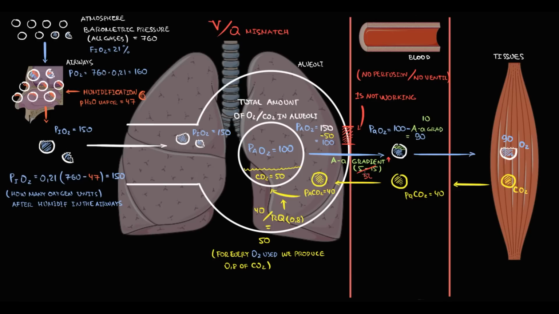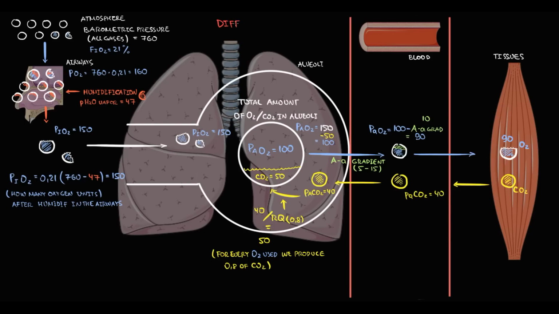Let's assume that AA gradient becomes 50. So the partial pressure of oxygen in the blood will be 50. And because tissues will receive not 90 but 50 units of oxygen, they will be in severe hypoxic state.